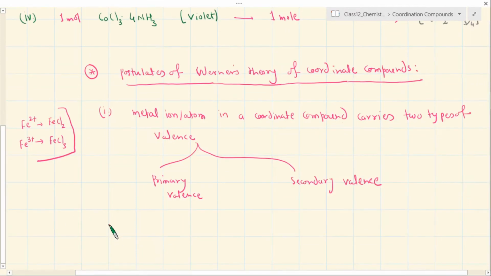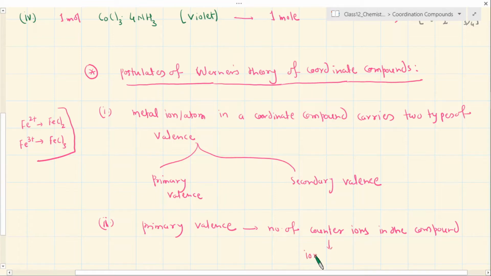Now, for the proposal, he said that primary valence is the same as the primary valence of counter ions. It represents the number of counter ions in the compound, and these ions are ionizable.